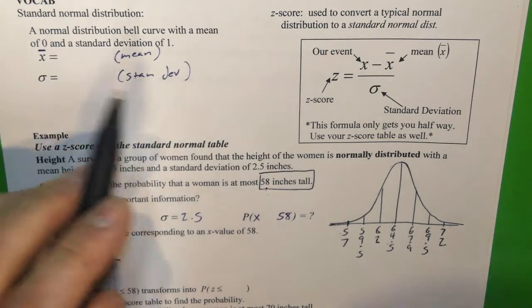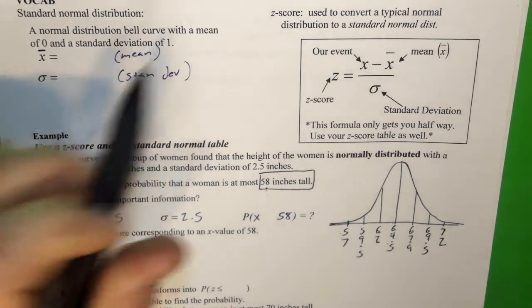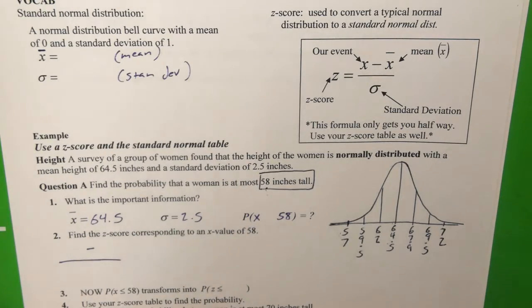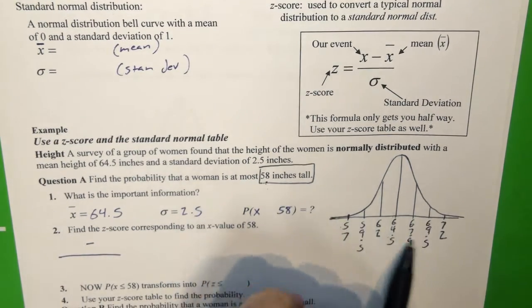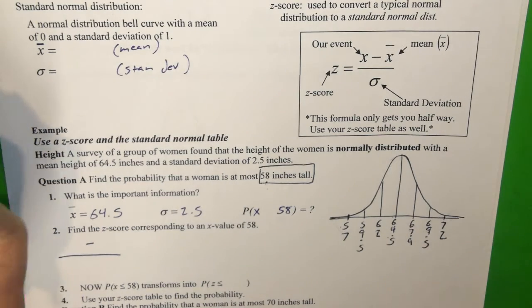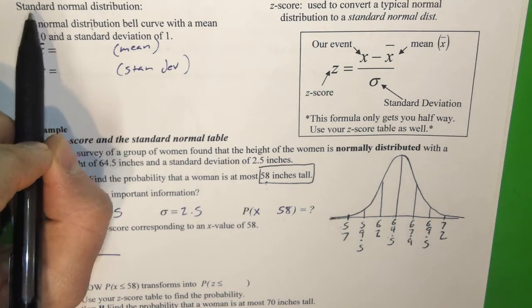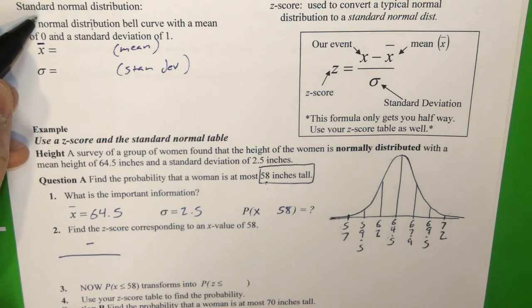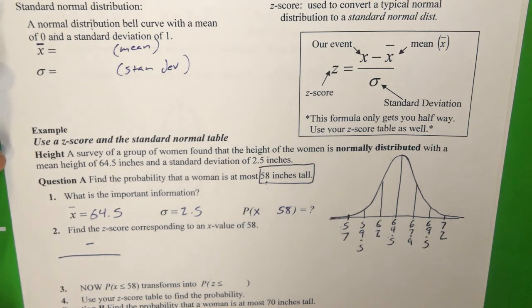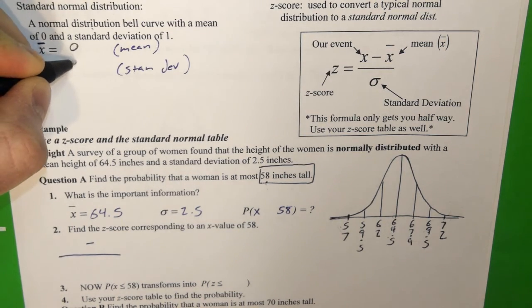That new tool is something called a standard normal distribution and a z-score. So here's the deal. If you have a distribution like ours down here that is not working very well, then what you can do is change your normal distribution into a standard normal distribution. This is going to be a very big help to you because it will relocate the mean to 0, and it will make the standard deviation 1.